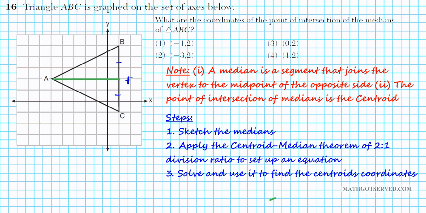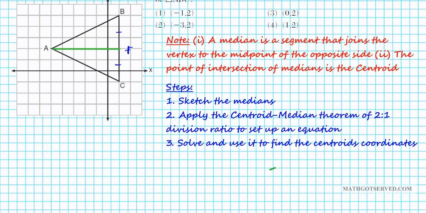Okay. Now, what we're going to do is use the centroid median theorem to divvy up this median. So let's go ahead and write down what the centroid median theorem is. Centroid median theorem.